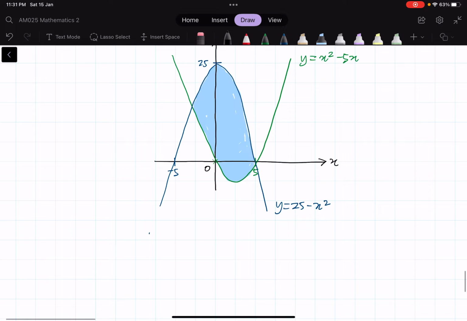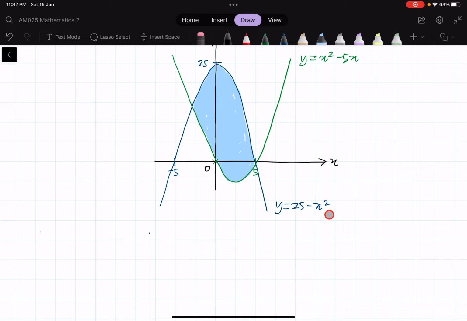Just before we find the area, we need to determine the limits. We have the upper limit, which is 5, but we don't have the lower limit. To find the lower limit, we need to find the intersection, because there is a point where these two curves intersect. So we need to equate these two functions.